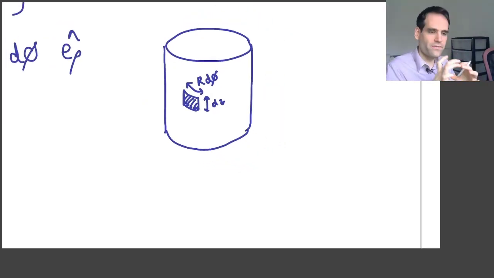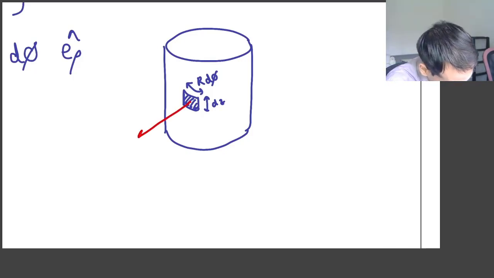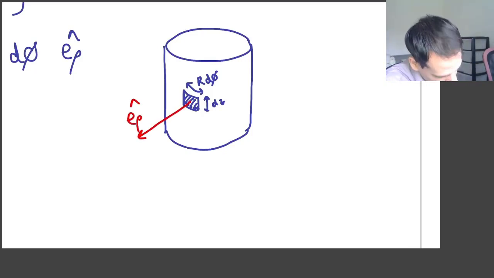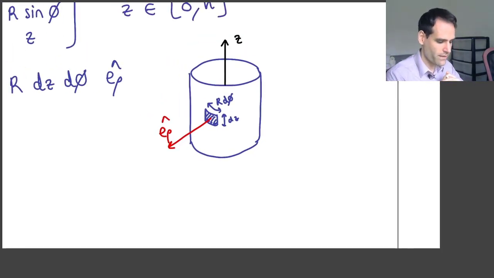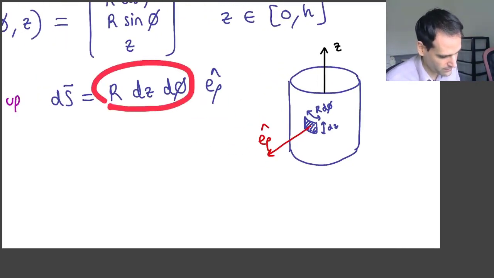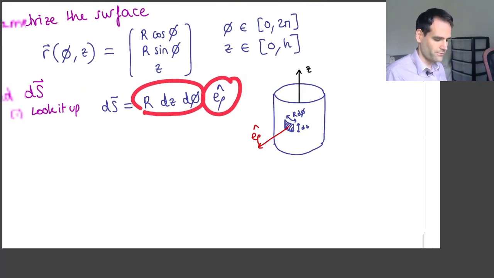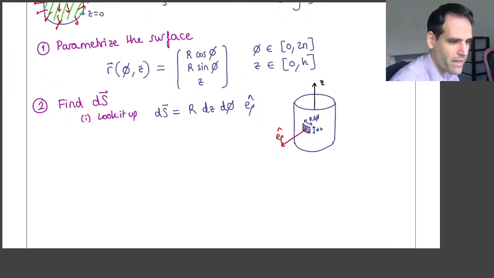So you know that the size of this area is r d phi dz, but what's the direction? That's more or less obvious. The direction is pointing away from the z-axis. So this is e rho hat, because this is the z-axis here. So it makes perfect sense. You have r dz d phi in the direction of e rho hat. So we found dS, and we are happy that dS makes sense.